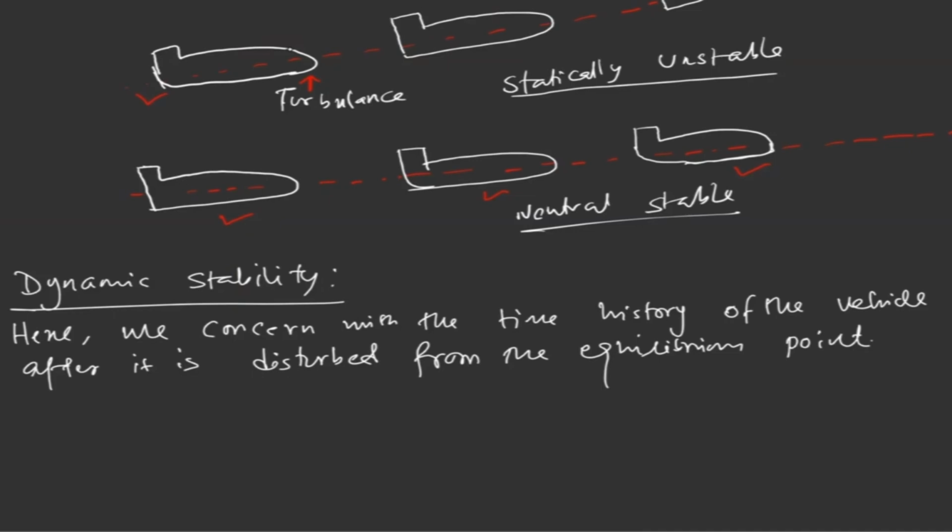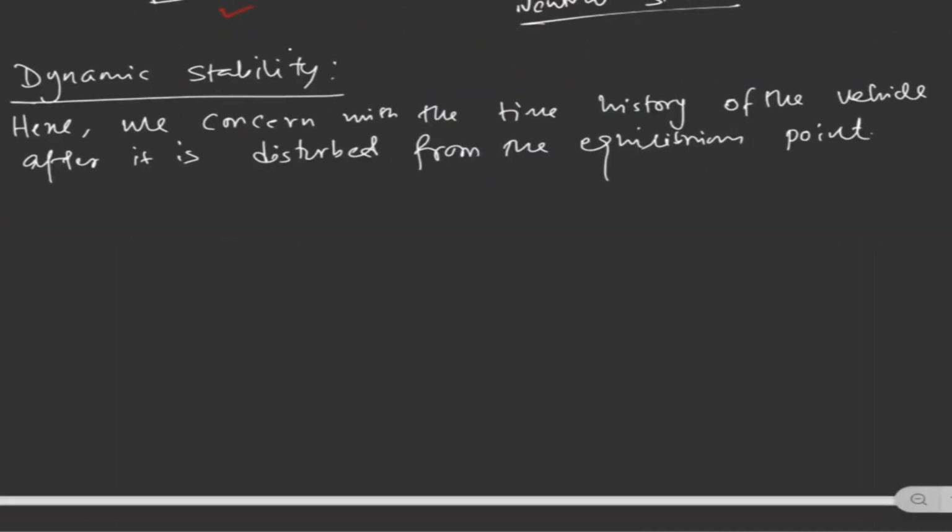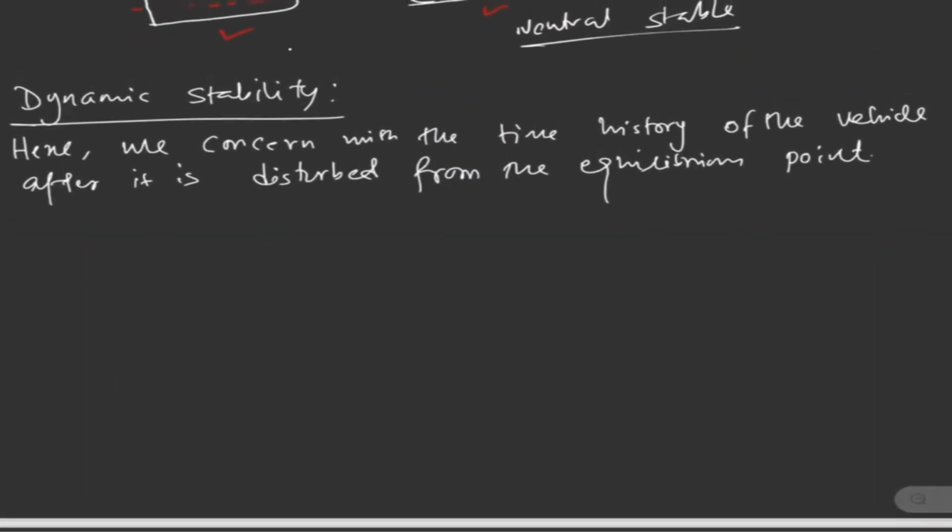So let's look at some phenomena of how dynamic stability occurs. Let's assume we have the displacement of the aircraft, and how it evolves over time. This is my time axis and this is the displacement of the aircraft.